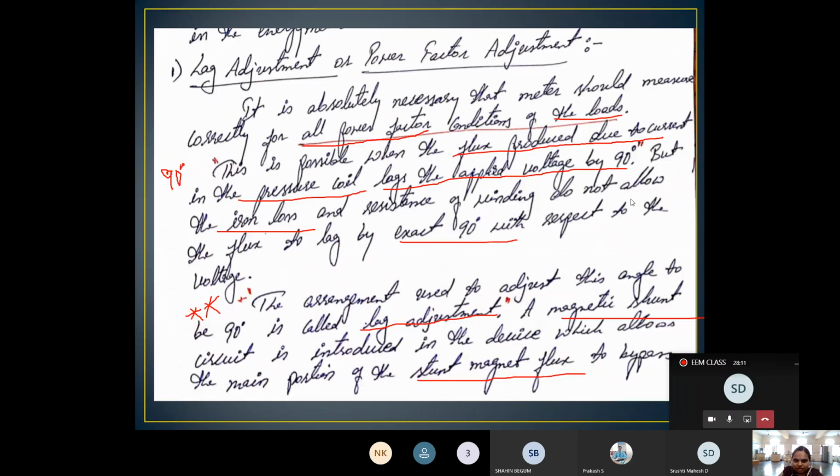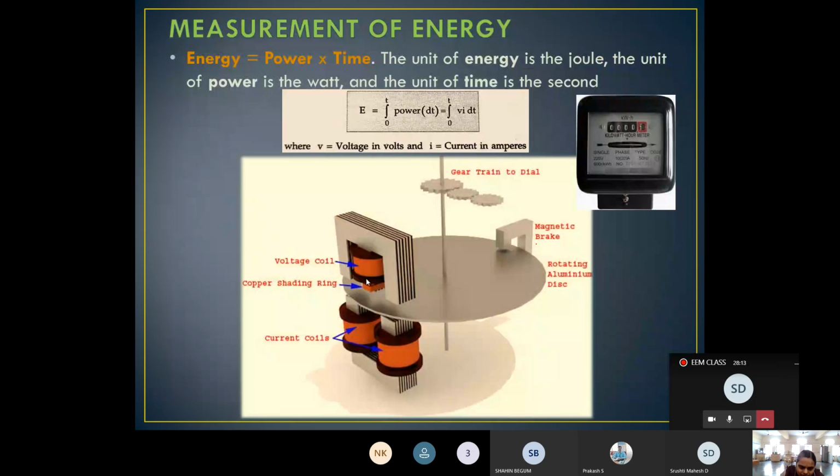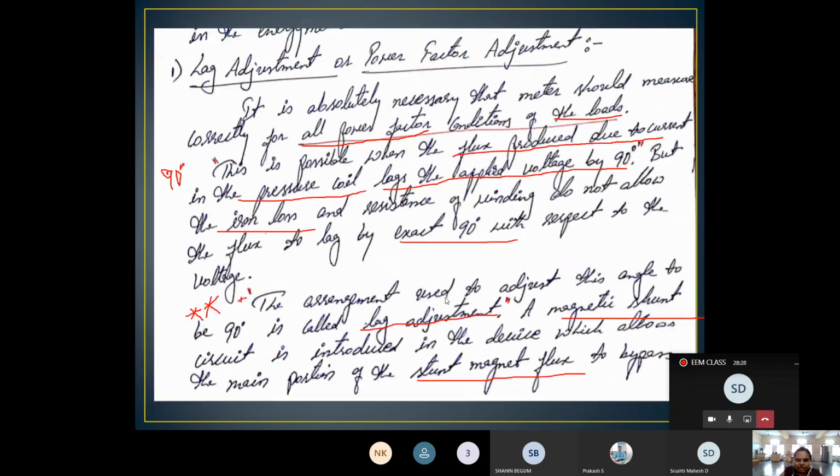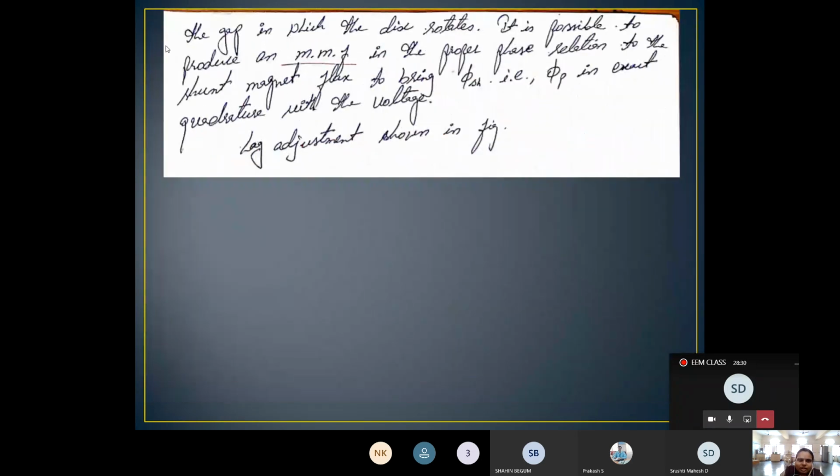I will show this. Here the whole construction is shown: this is your current coil and this is your voltage coil. In this case we are going for extra windings. I will show the next, here you will understand. The disc rotates.